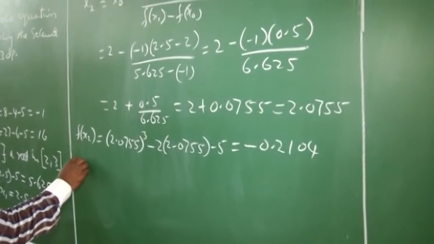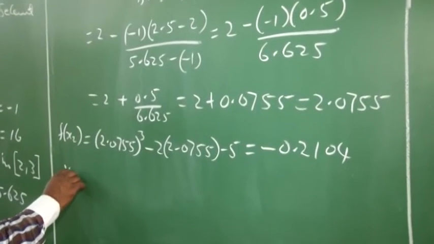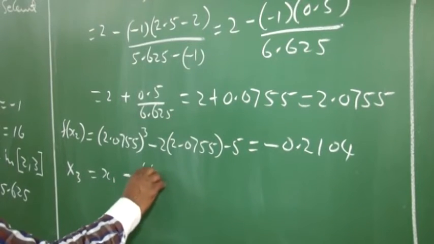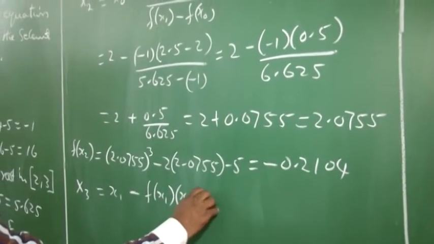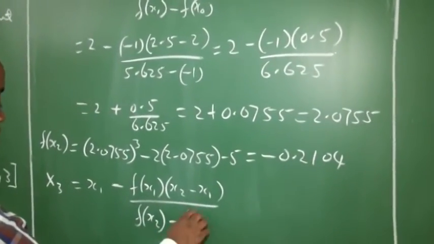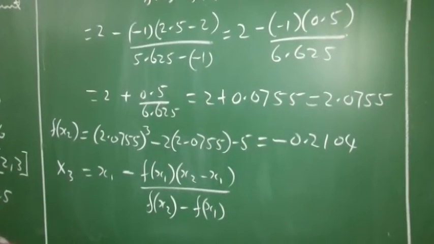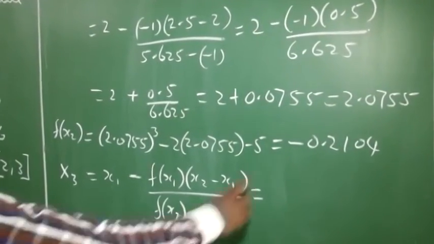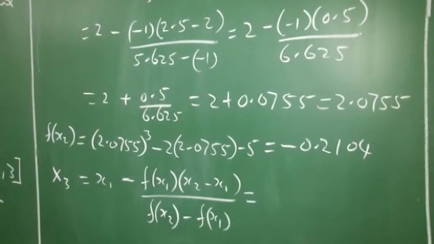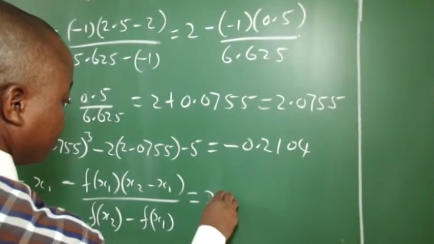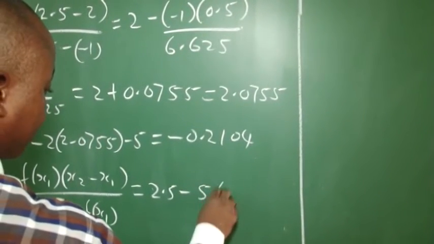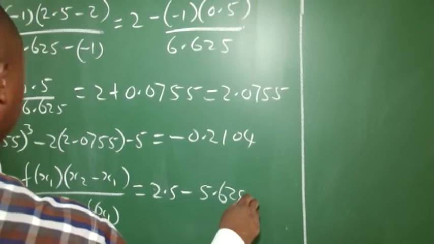Now we have x3. x3 is equal to x1 minus f of x1 times x2 minus x1 over f of x2 minus f of x1, and that will give us x1. Now x1 is 2.5 minus f of x1, which is 5.625.